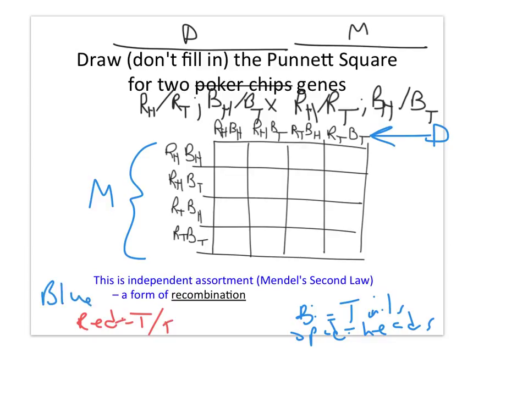Heads, tails? Am I right? Yeah. Is that what we had? Okay, so where does that go in the Punnett Square? Hopefully you're writing this in. Where's this particular combination of genotypes?